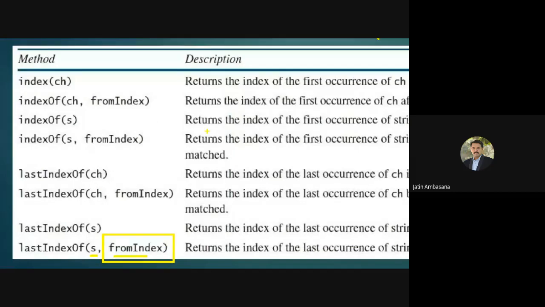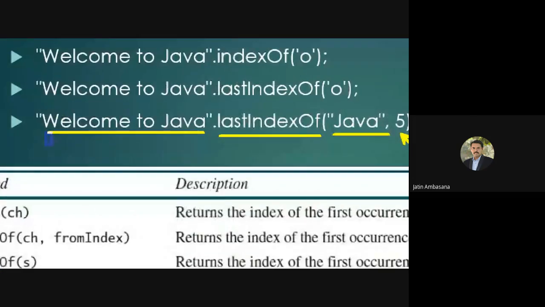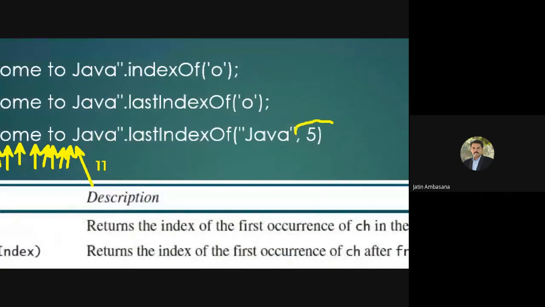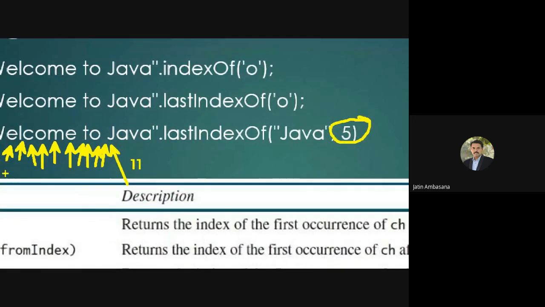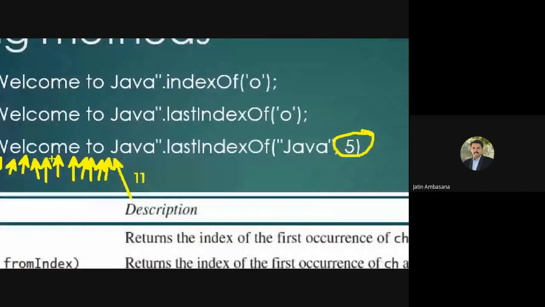So it should come before that, and that's why it is not found. The location of Java, if we check over here, W is 0, and counting 0 1 2 3 4 5 6 7 8 9 10 and 11, Java is at the 11th location. So before the 5th location, obviously Java does not come. That's why it's giving us the value -1. Okay, understand?